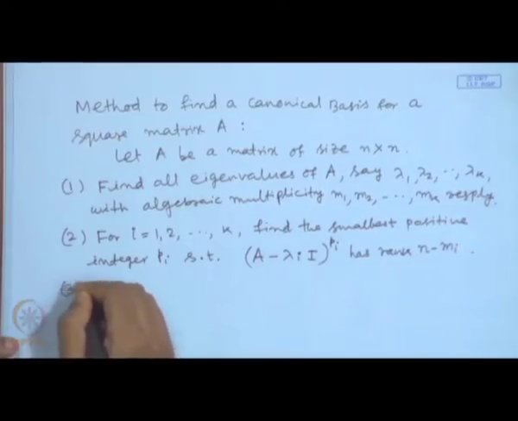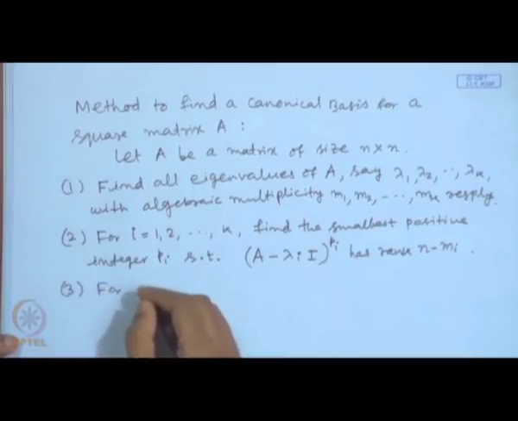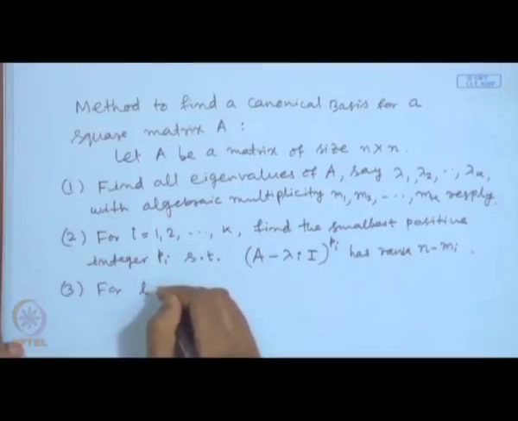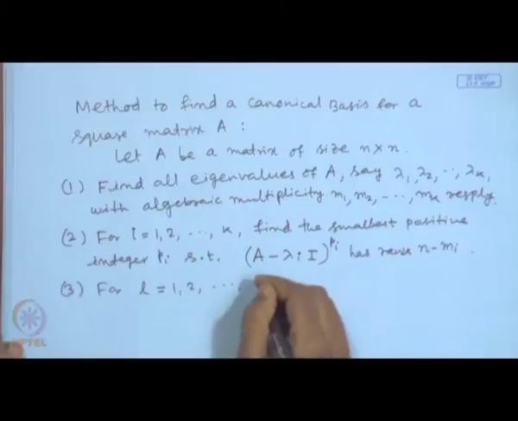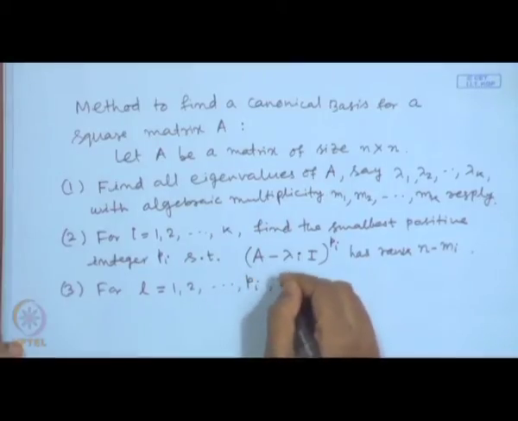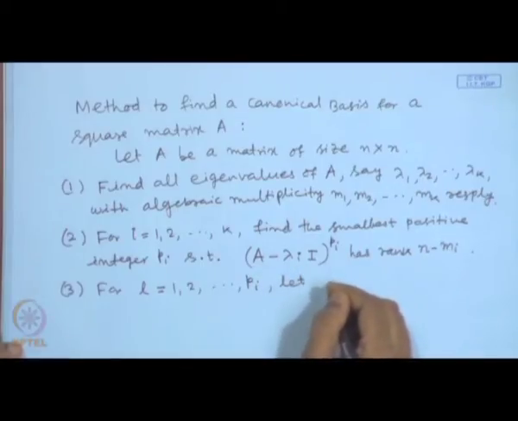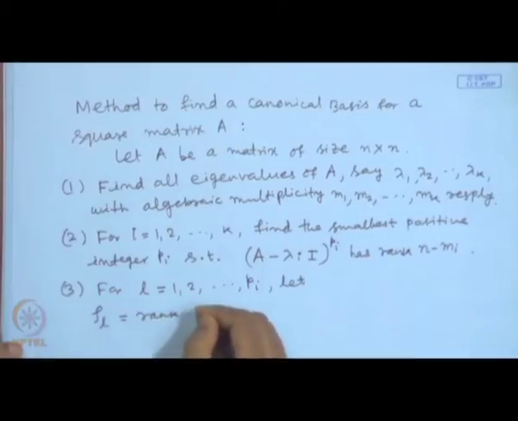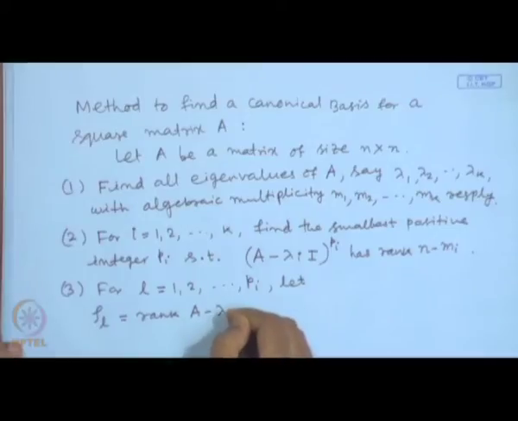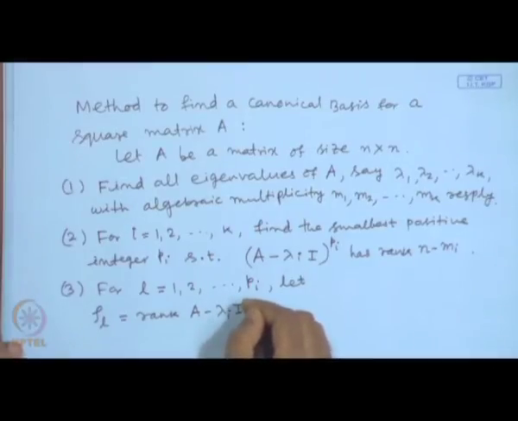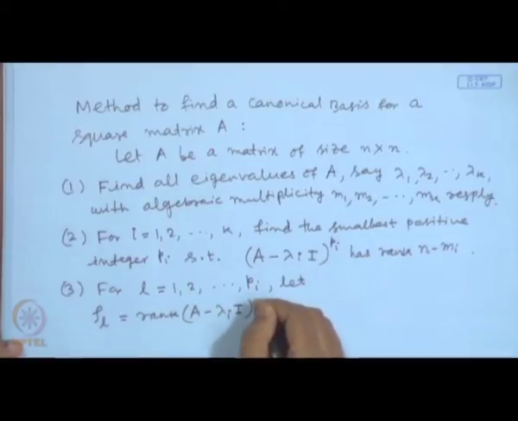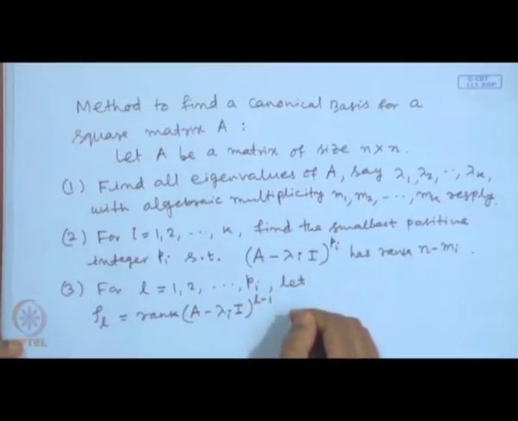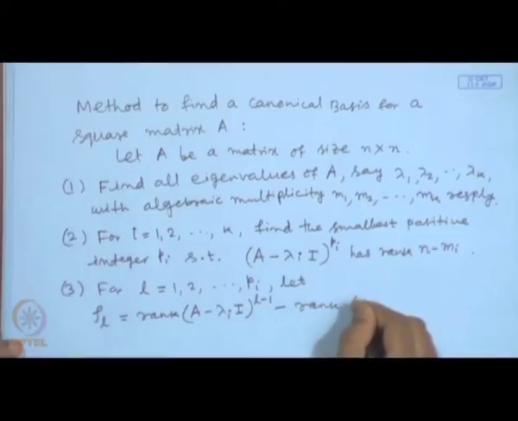So, after getting this p_i, for every l from 1 up to p_i, let ρ_l be defined like this: ρ_l is equal to rank of (A - λ_i I)^{l-1} minus rank of (A - λ_i I)^l.